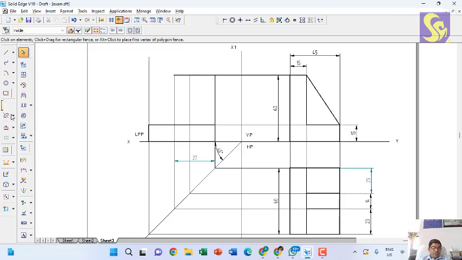This has to extend to next. I'll trim this off, and this part is also going to be visible.